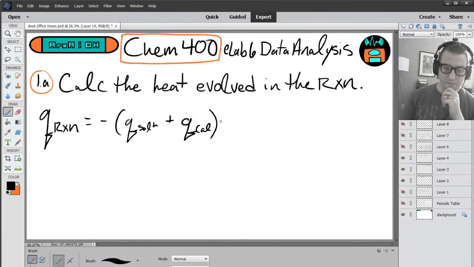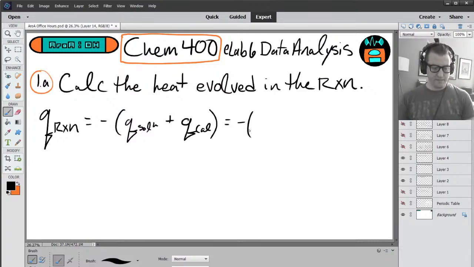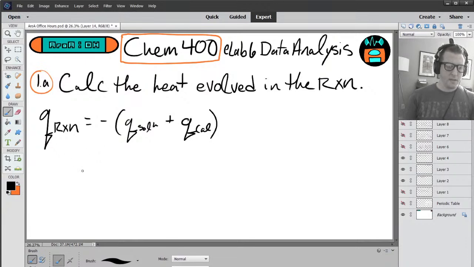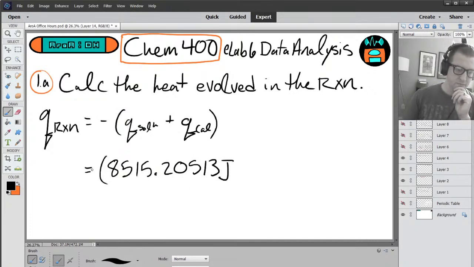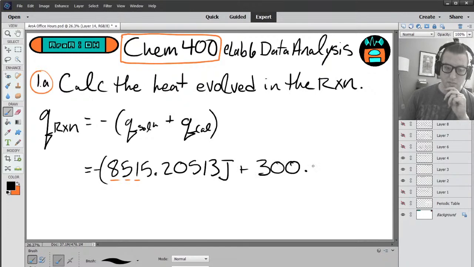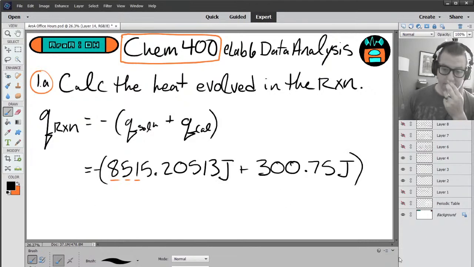Now, our Q of solution is 8,515.20513 joules. And again, we have 3 sig figs in this number, plus the Q of our calorimeter, which was 300.75 joules.